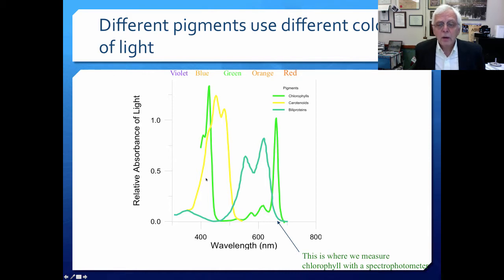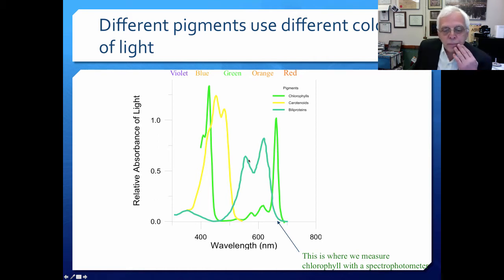Now here's the carotenoid spectrum. You can see that they're absorbing light in a different place, of a different color than the chlorophylls are. And some of the bilins are signified by this blue-green plot.